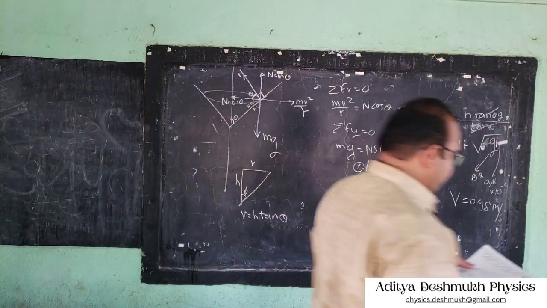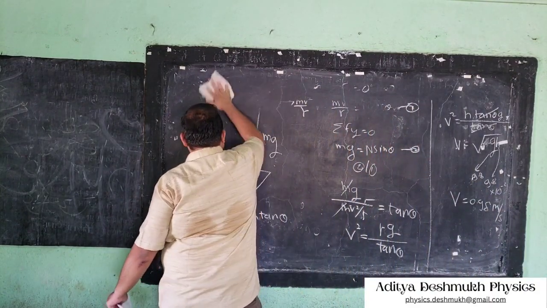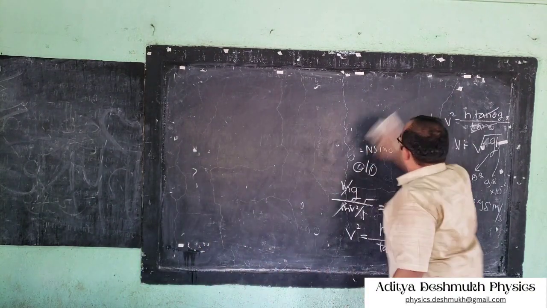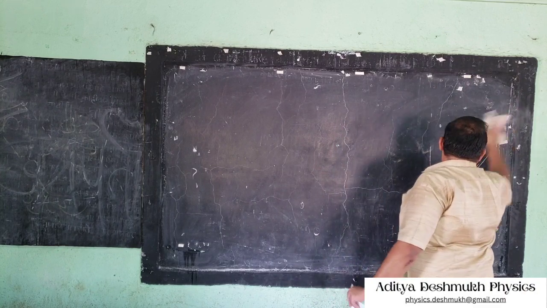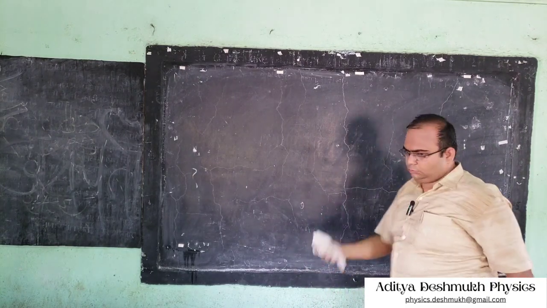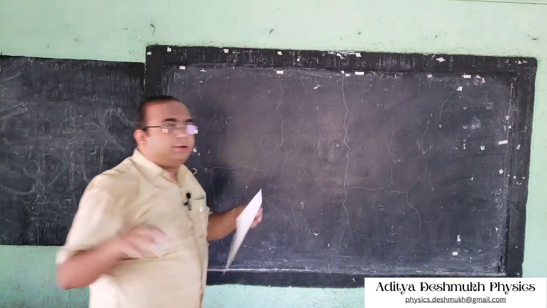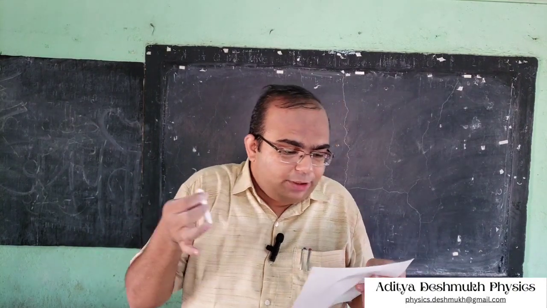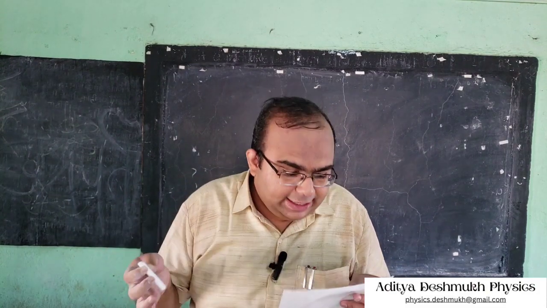Let's move on to the next one. A car starts from rest in a circular flat road of radius r with an acceleration a.